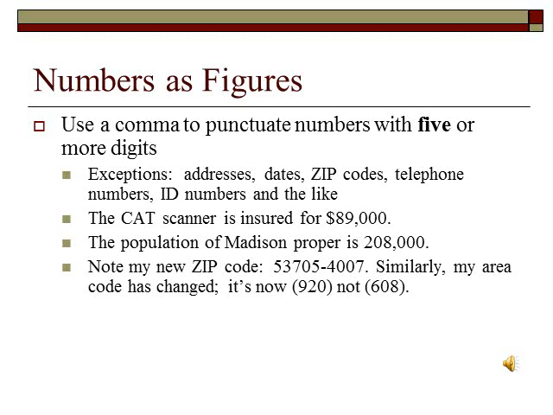So again, we're going to use a comma to punctuate numbers with 5 or more digits. And then I've got a number of exceptions here in addresses, dates, zip codes, telephone numbers, ID numbers, that sort of thing. We're going to use whatever format is correct, given those types of situations. The CAT scanner is insured for $89,000, $89,000.